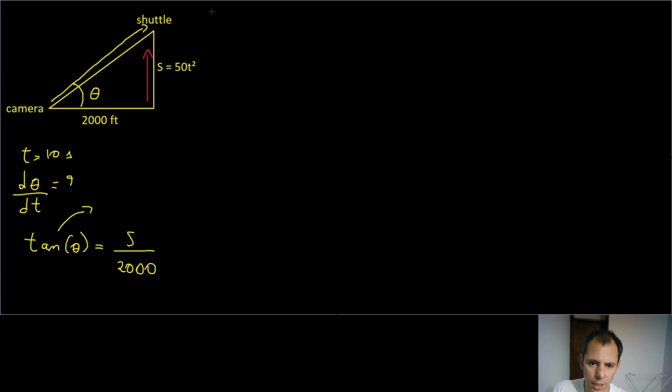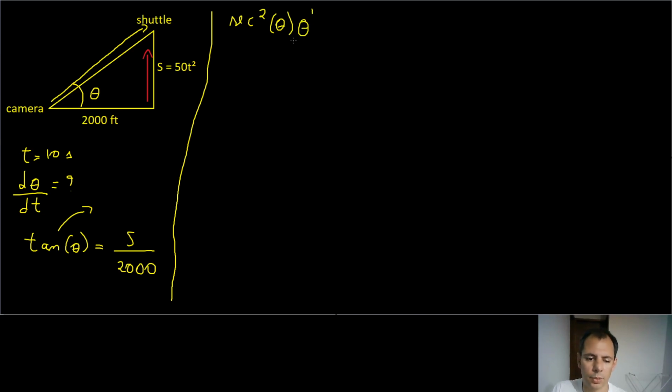So differentiating, I'm just going to do this in here to separate. So differentiating is going to be secant squared of theta, and here you got d theta dt, which is just theta prime. Okay, I'm just going to do theta prime to make it easy. The second thing in here is a function with respect to s, and s is with respect to t.